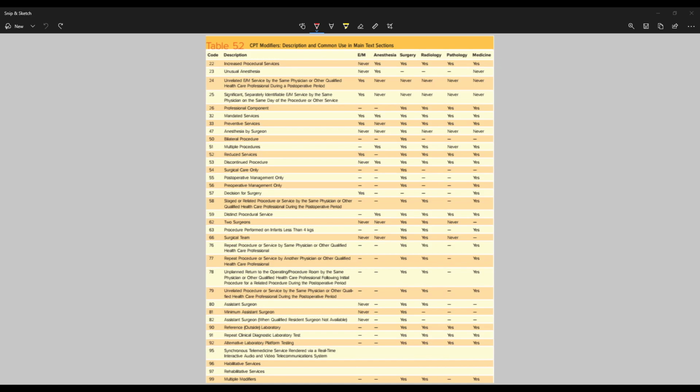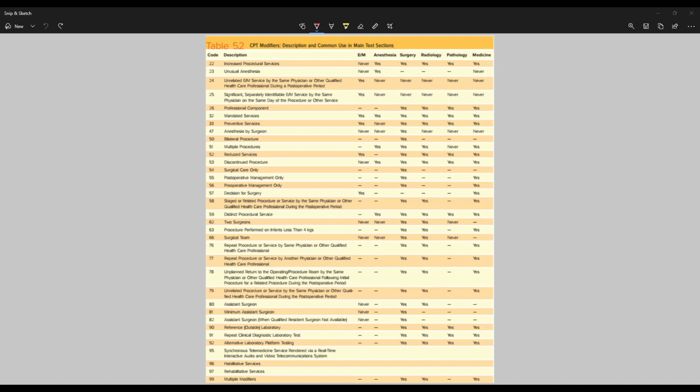Sometimes we can see non-operative sports medicine doctors, for instance, handling the initial EM and handling the post-operative management, whereas their medical practice partner only does the surgery, right?